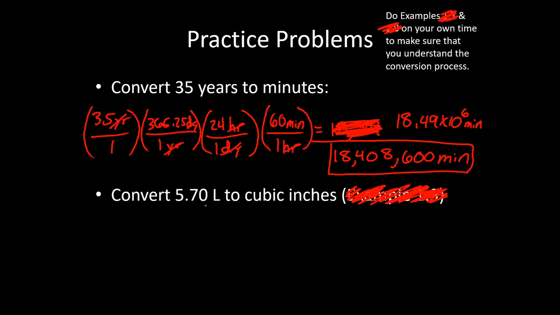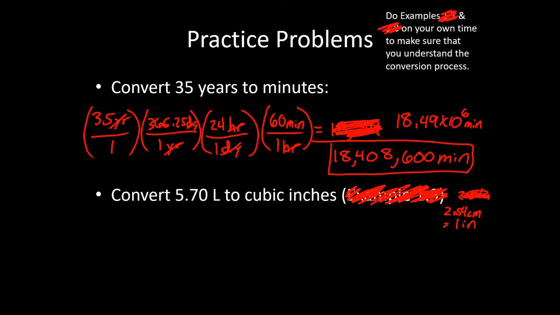All right, so back to the liters to cubic inches here. You probably realized pretty quickly that you needed to figure out some conversion to go from the metric system into the English system. So for our purposes, 2.54 centimeters is the same as 1 inch.